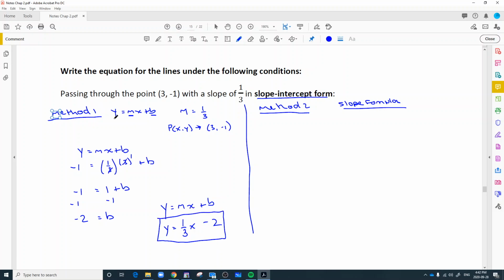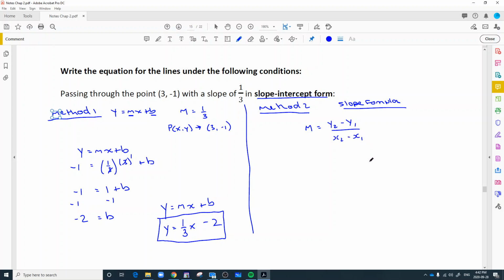So this method, awesome for putting it in slope-intercept form. And if I wanted it in standard form, I really only have to multiply everything by 3. So it's not that bad for standard form either. Method 2 is going to look like more work. But those of you who want a method that doesn't deal with fractions ever, this is going to be your method of choice.